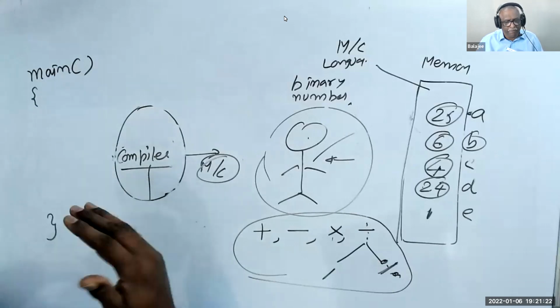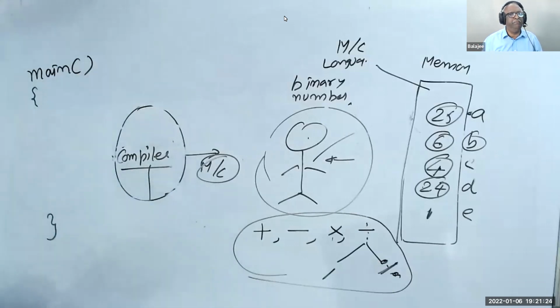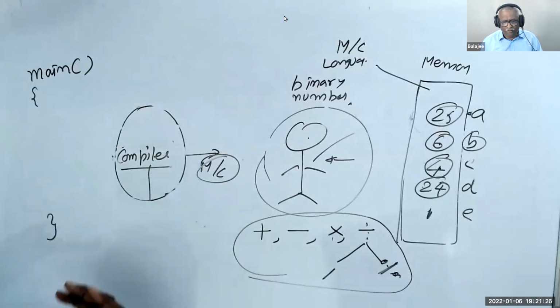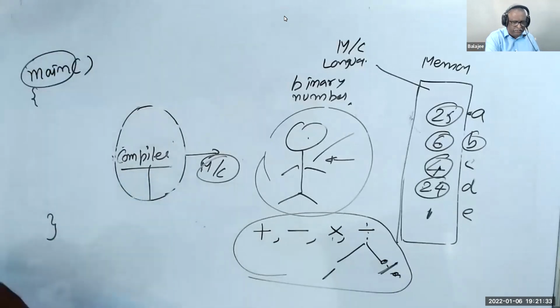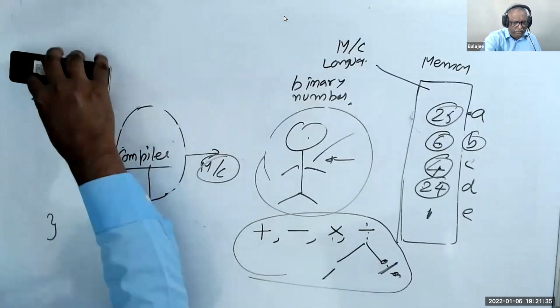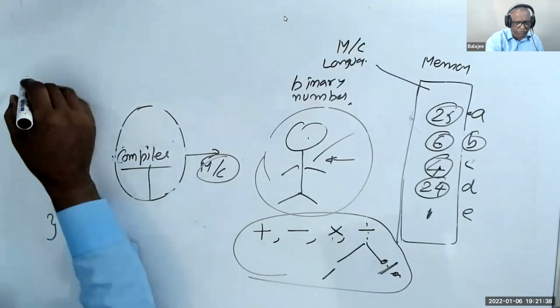So the compiler is looking for main. That means he does not know where to start. Where should I do the first instruction? So he looks for the name called main. So you have to always start with this main. We'll discuss this when we discuss functions.